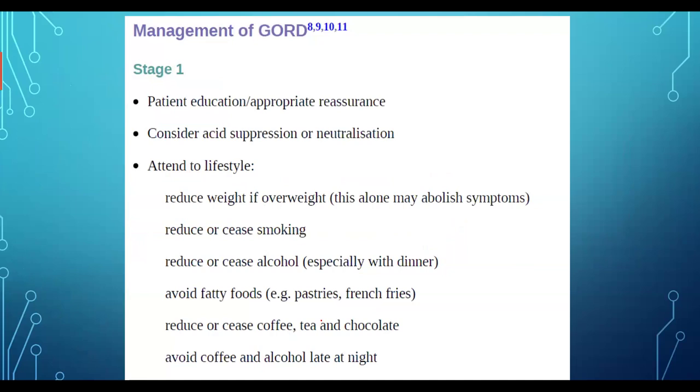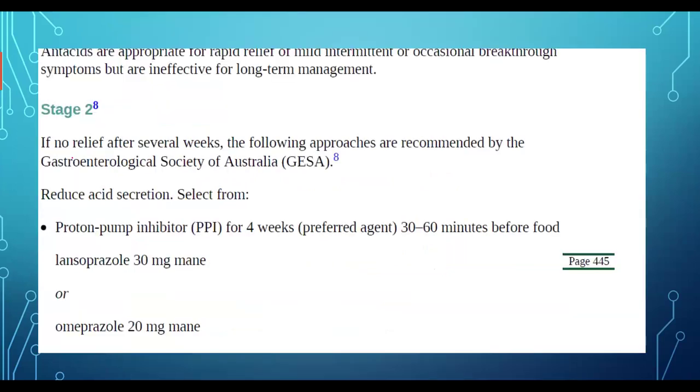Management: most of the time, initial management is just patient education and lifestyle modification. So reduce weight, reduce smoking or alcohol, and avoid fatty food. A few lifestyle and dietary changes are needed. If there is no relief after several weeks of lifestyle modification, then the treatment of choice is a proton pump inhibitor for 4 weeks.